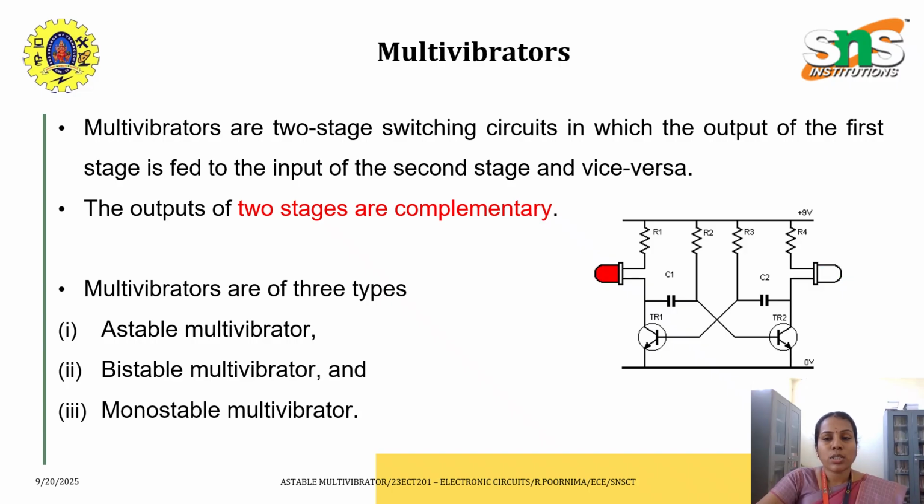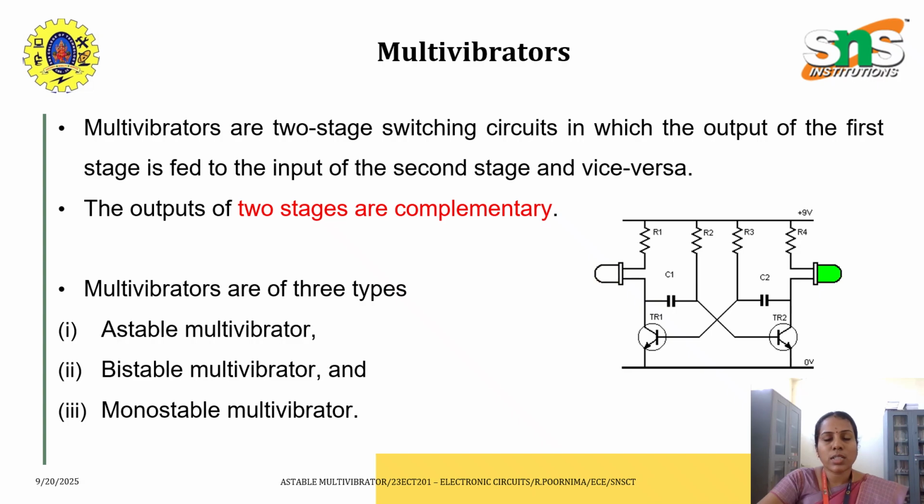It is a switching circuit. It consists of a two-stage transistor circuit, in which the first output is given to the input of the second stage. Here the two stages are complementary. As shown in this diagram, at one time one circuit is switched on and the other is off.